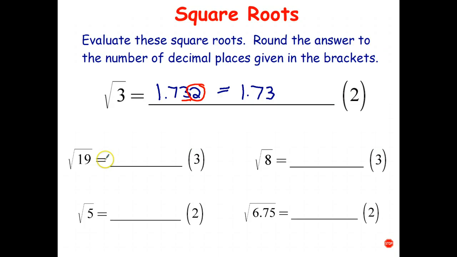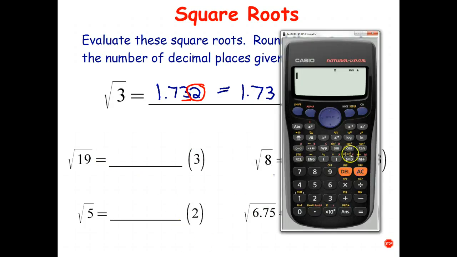Okay, let's try the square root of 19 together. So I'll clear that on my calculator. And the square root of 19 is 4.35889, etc. So because I'm rounding to 3 decimal places, I need to look at it to 4 decimal places. 4.3588.